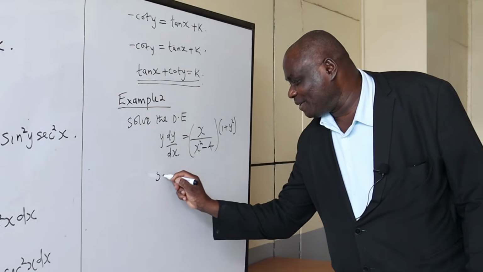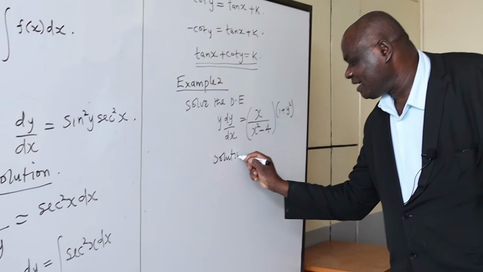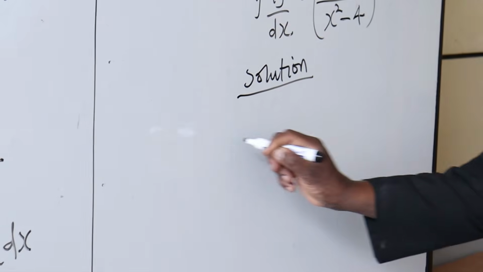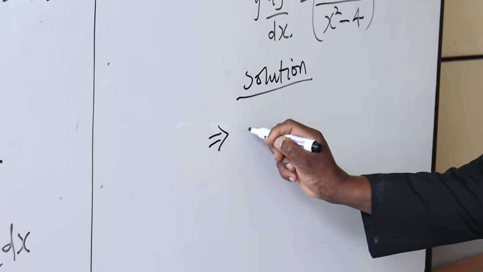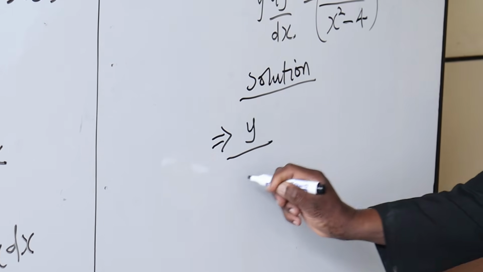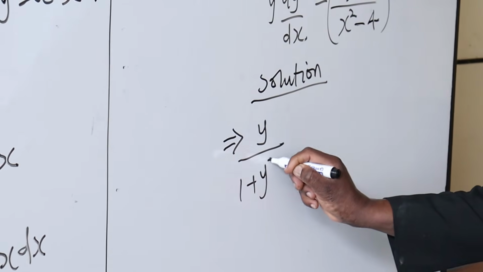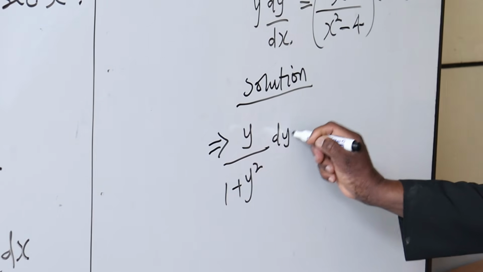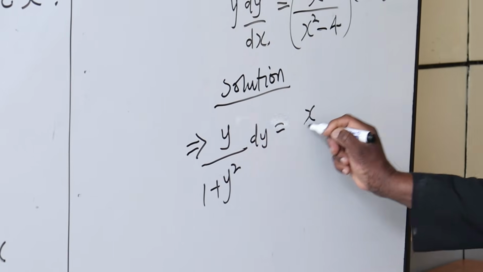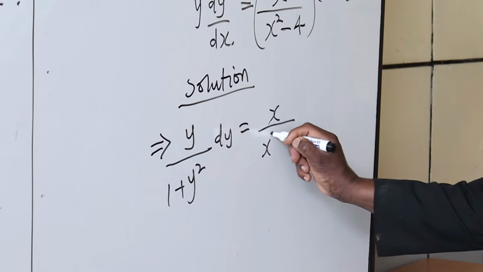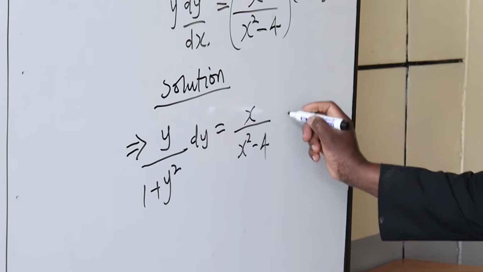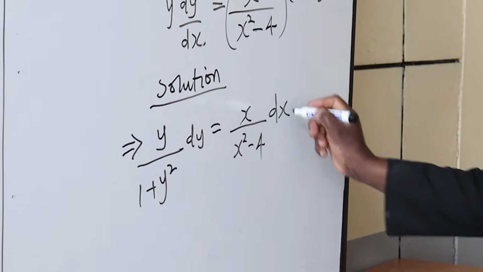So in our solution, this implies y all over 1 plus y squared dy should then be equal to x all over x squared minus 4 dx.